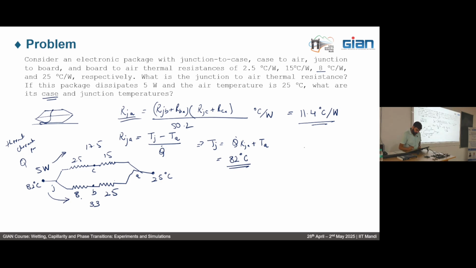So out of 5, let's say A plus B is equal to 5 watt. Close to 1.67 watt should travel from this side, and close to 3.3 watt should travel from this side.